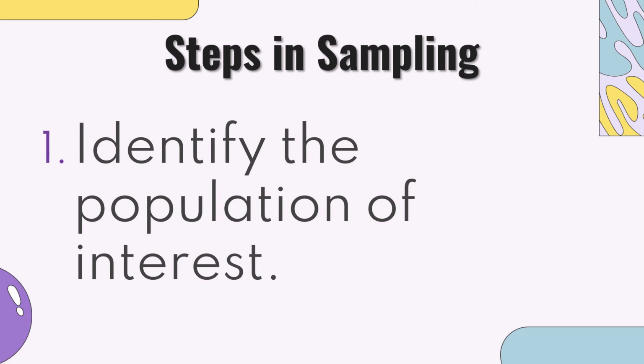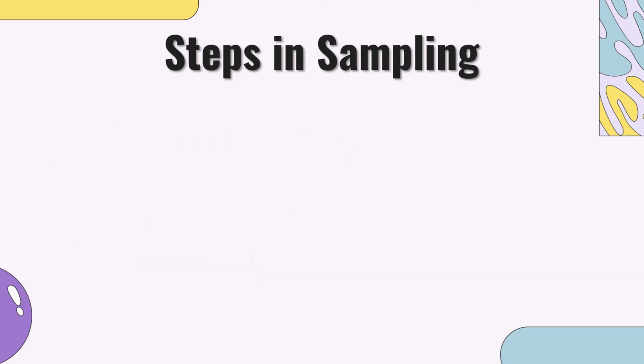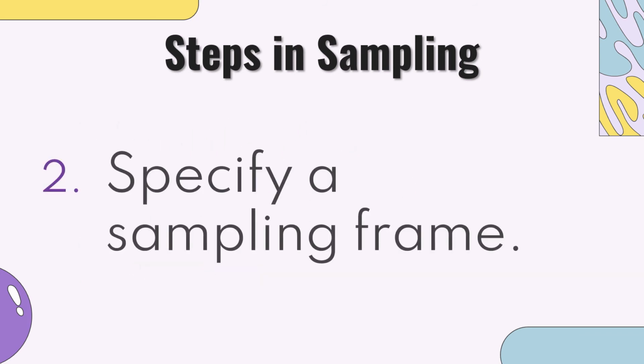However, it is still too broad to say that teachers and youth will be your population because there are lots of schools in our province alone. Therefore, we need to proceed to the next step. The next step is specify a sampling frame. It is very difficult to say that your population will be teachers and out-of-school youth.